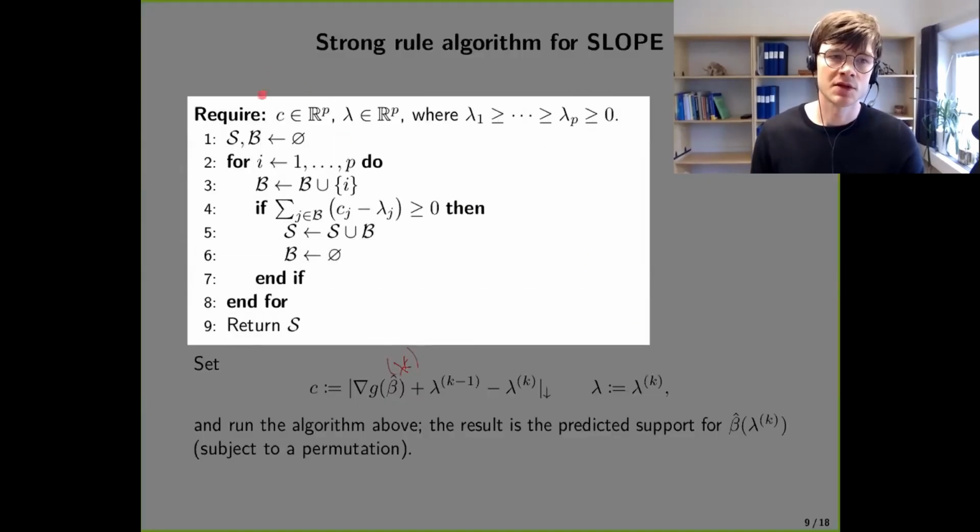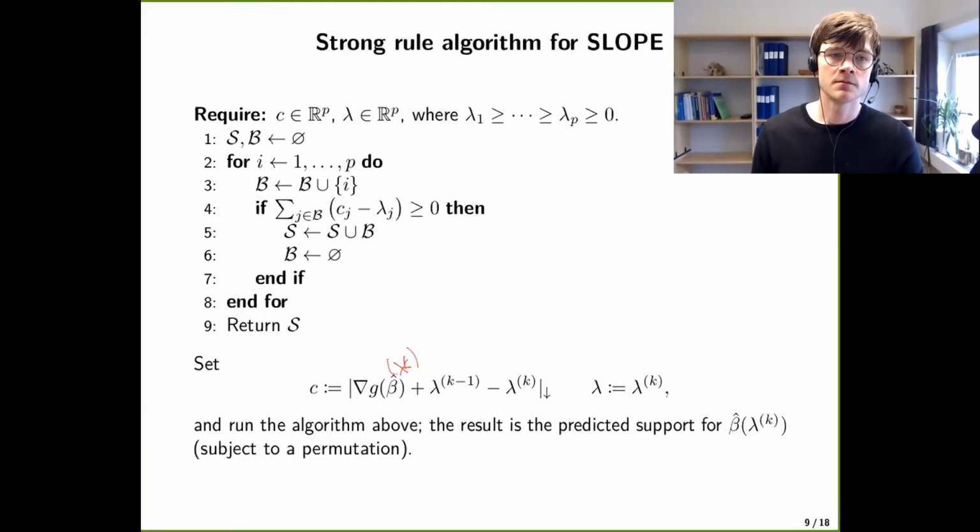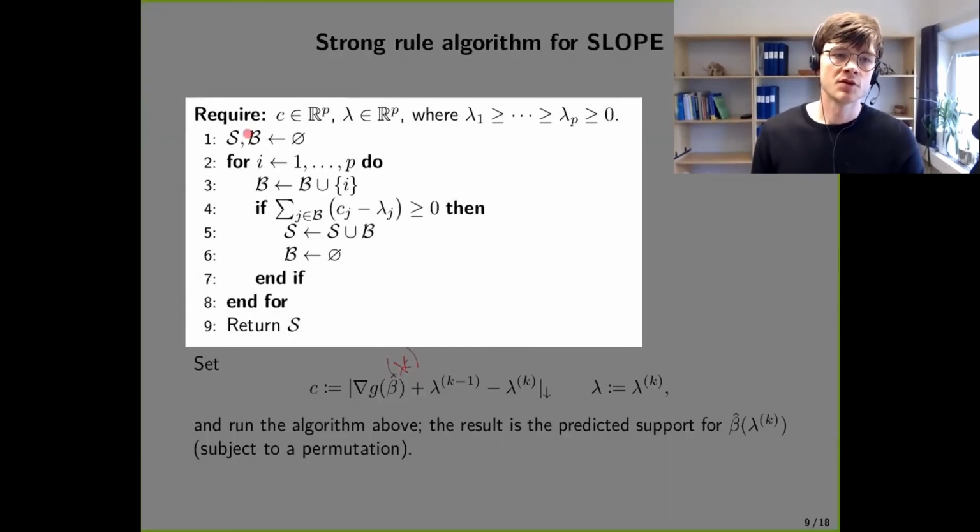In the algorithm, we're going to use two sets that start empty, and then we move through the ordered sequence. So remember that c here is this part over here. We've ordered a sequence of our gradient predictions. Moving through from 1 to p, we start by inserting an index corresponding to a predictor. We're going to start with the predictor with the largest absolute gradient.